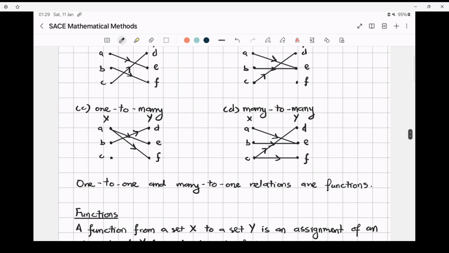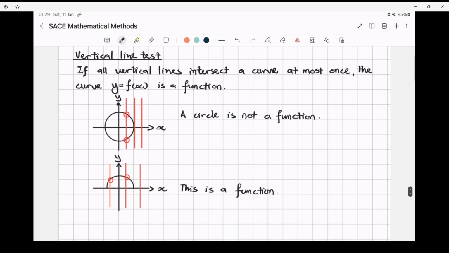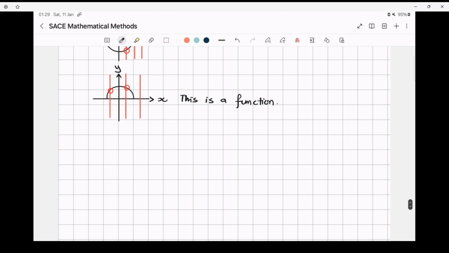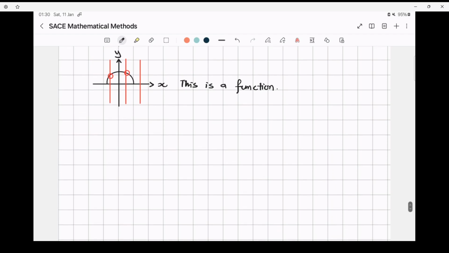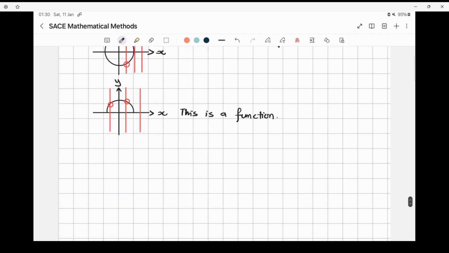If it only intersects at one point, then it is either A or B, and that particular curve becomes a function. So now let's introduce the idea of writing the interval first, because that will be important when we study inverse function.